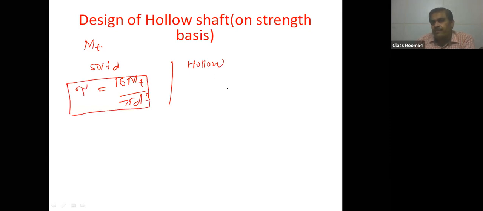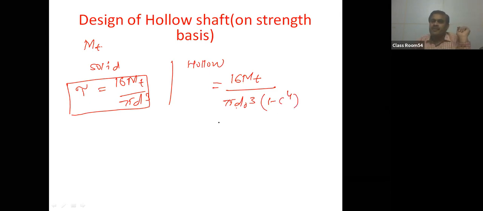In case of hollow shaft, the formula remains the same with a little change: 16 MT divided by pi do cube. In place of d, you use do, and one extra term, 1 minus C4, where C equals di by do. So formulas are very easy to remember. Only 1 minus C4 is extra, and you place do in place of d everywhere, except axial stress.